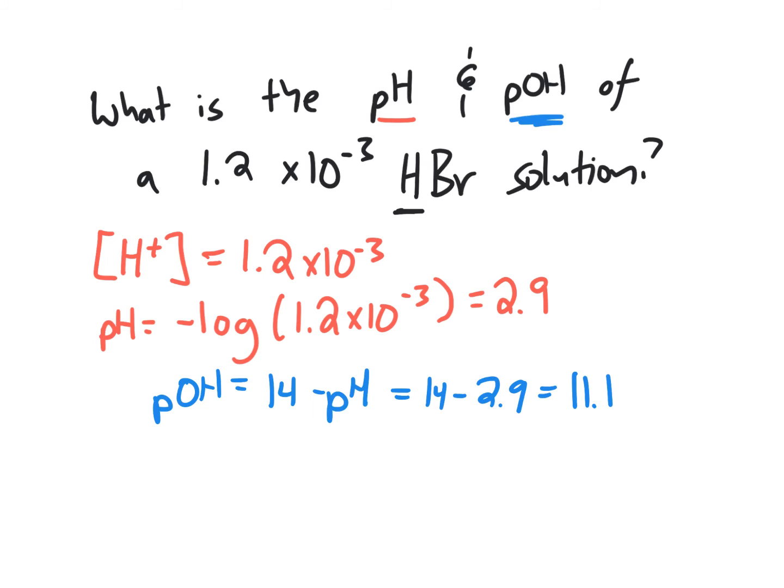Is this an acid or a base? Acid. It's an acid. pOH is bigger than 7, but pH is less than 7. We look at pH, we don't look at pOH.